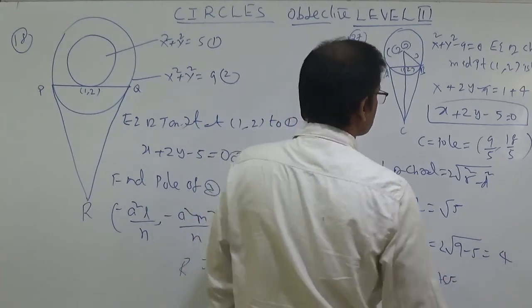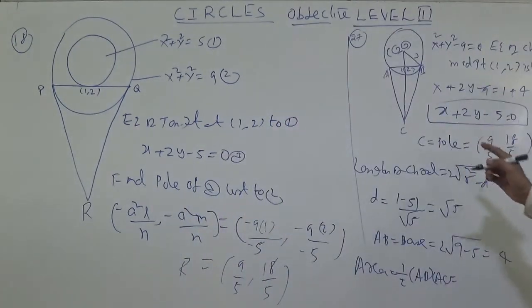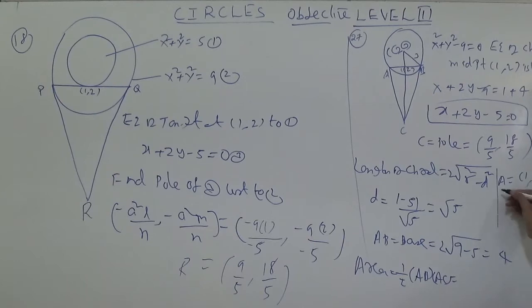So AC means the distance between A, which is 1 comma 2, and C, which is 9 by 5 comma 8 by 5.